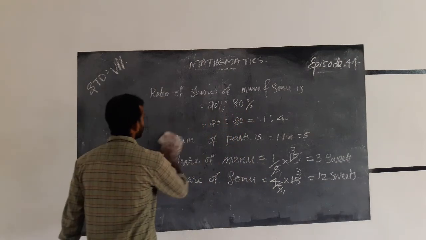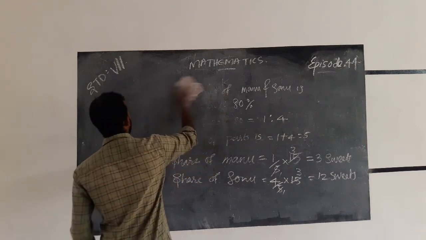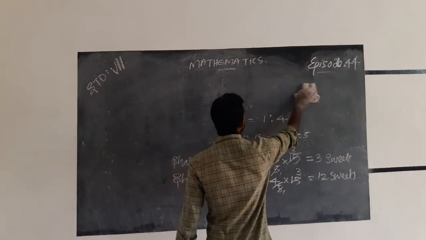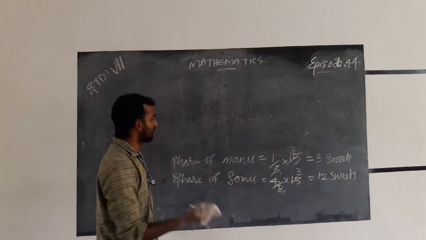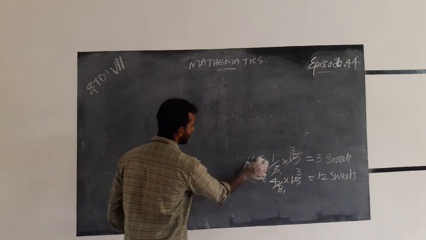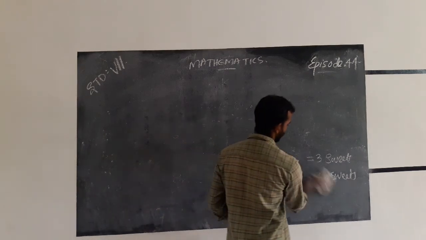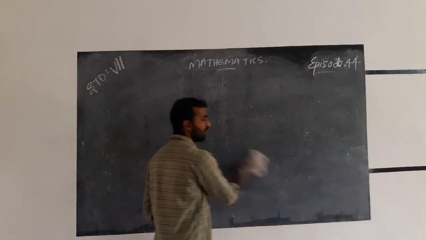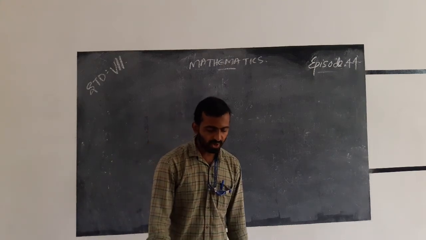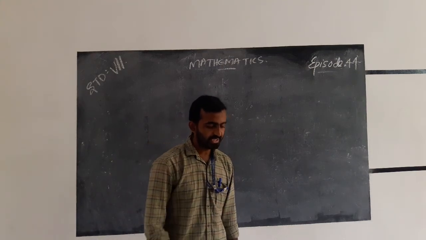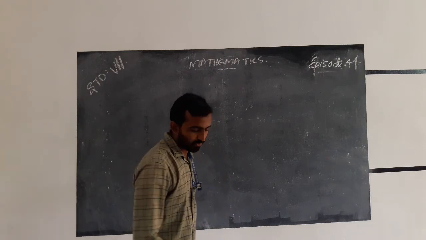Here they give the ratios. Already we know the angle sum of a triangle. What is the angle sum of a triangle? Anyone can say? Yes. Good. Right answer, that is 180 degree.